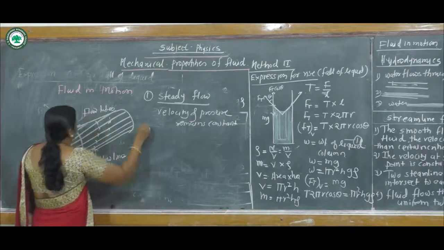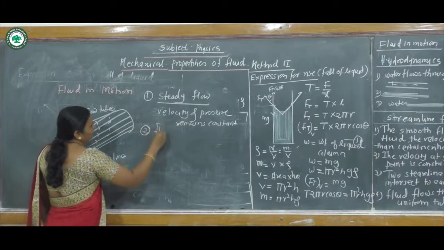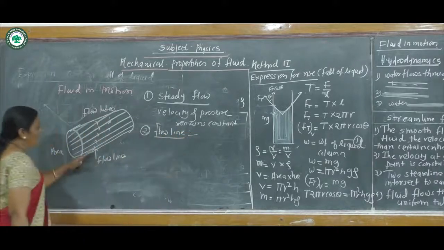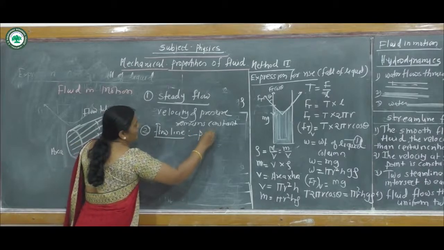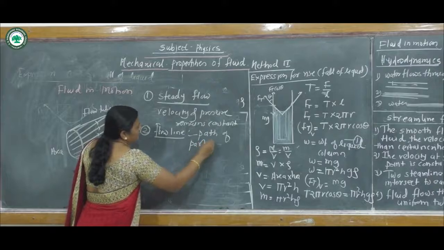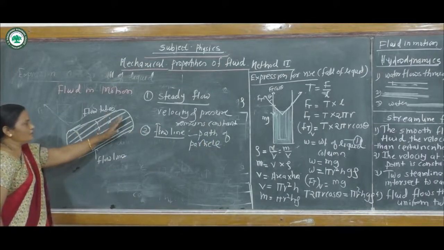Now second, the flow line. It is the path of a particle flowing in the fluid motion.